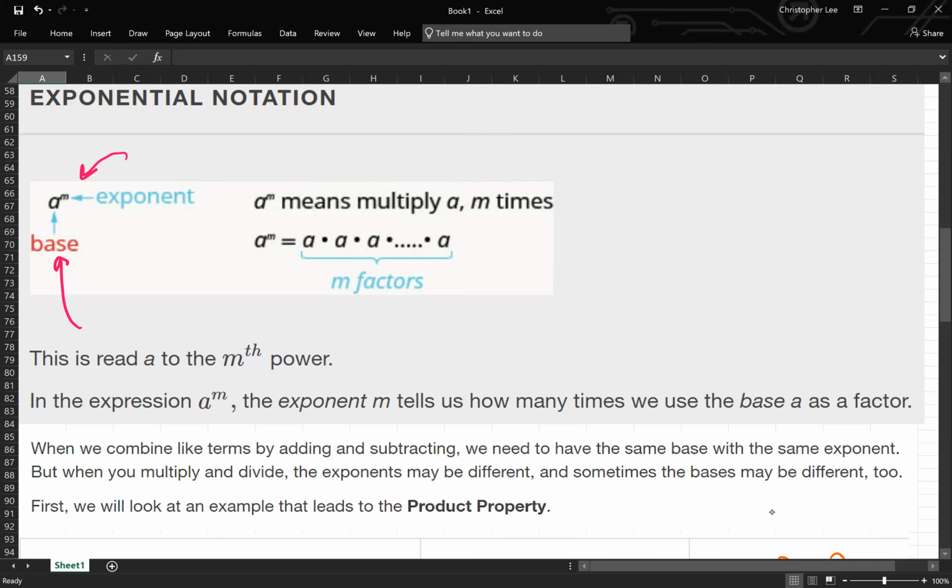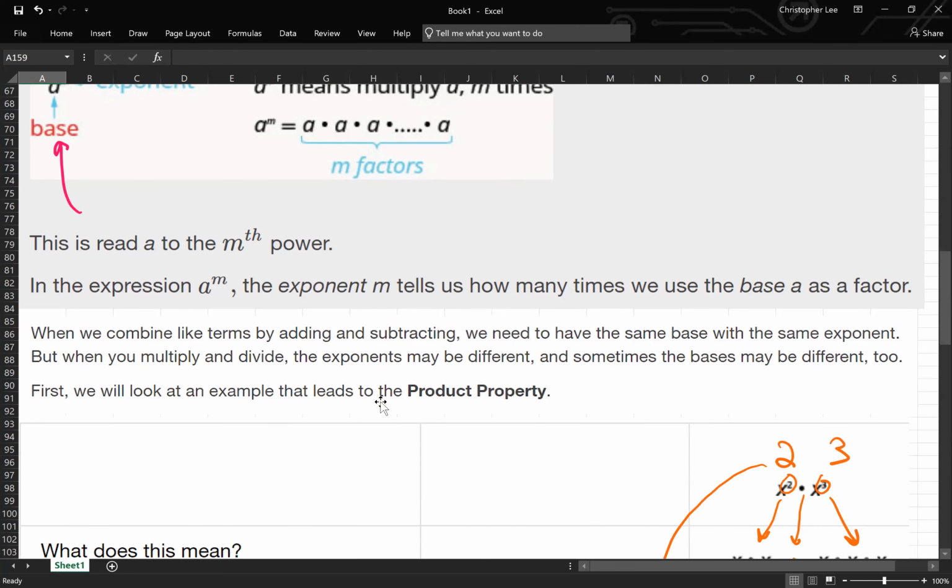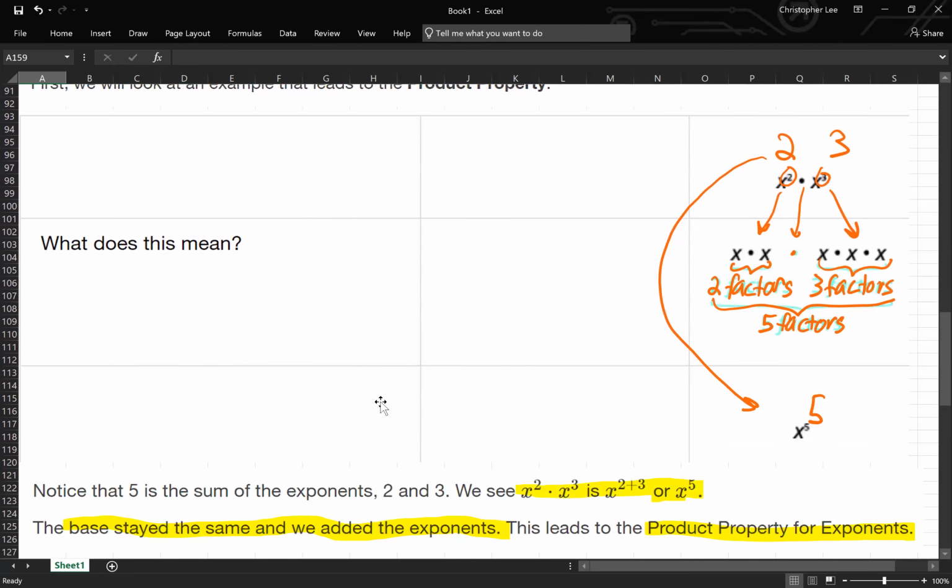That's the exponent. The base is the number or whatever that the power is being applied to. It could be a variable. That's why I had to say whatever.